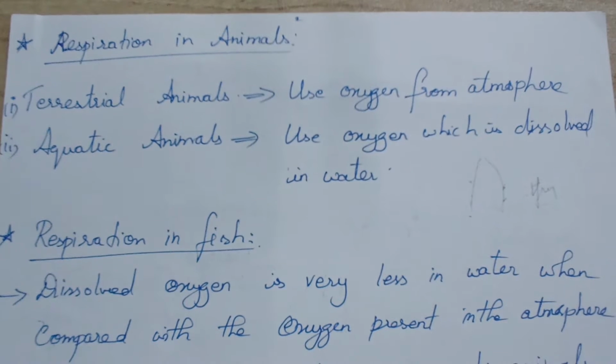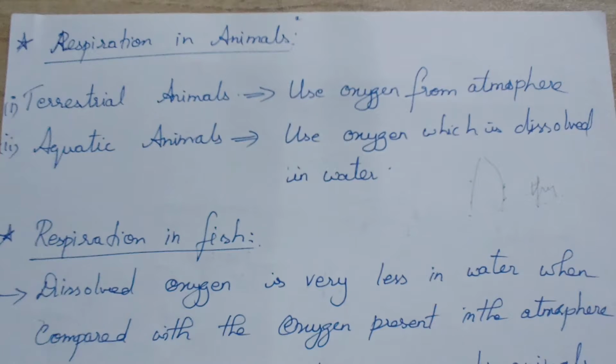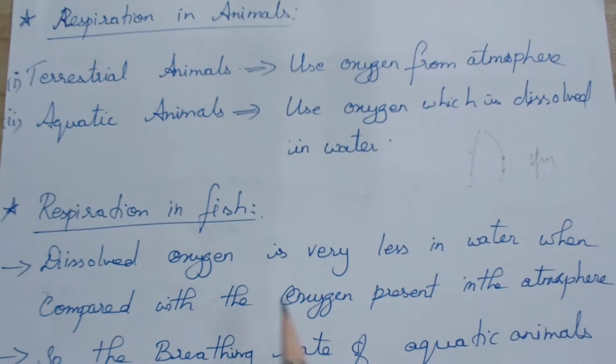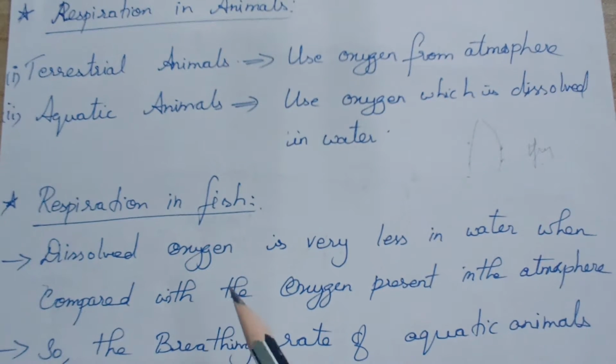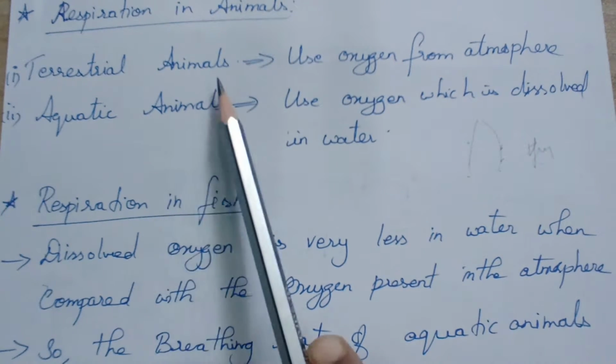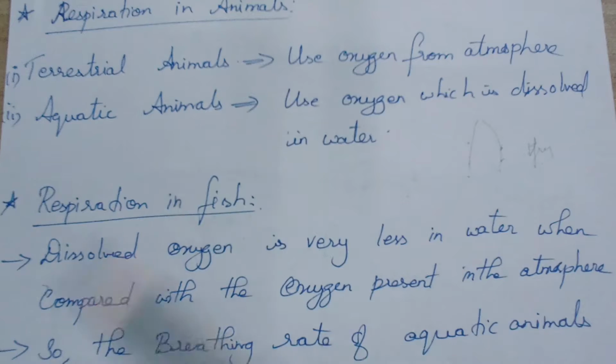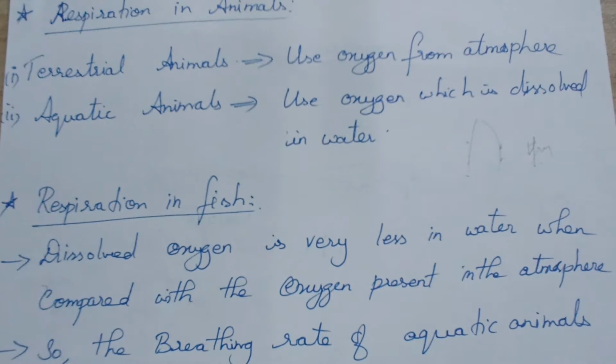Likewise, fish use gills to respire. First we'll see in detail the respiration in fish, and then we'll move to respiration in humans. It's similar in both human beings and animals. Both respire through the lungs.